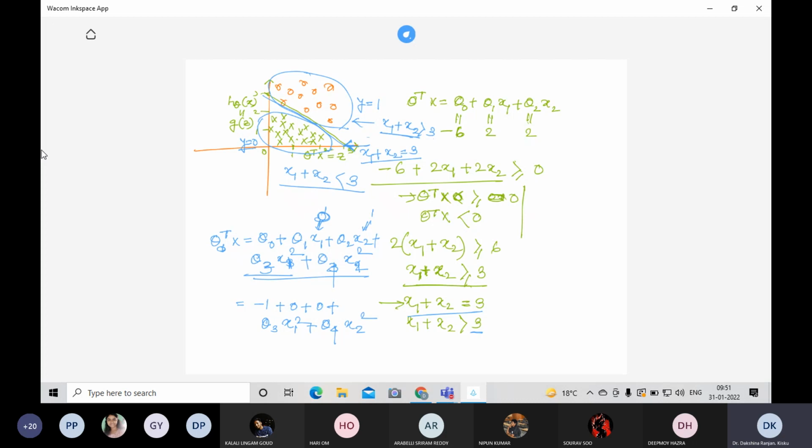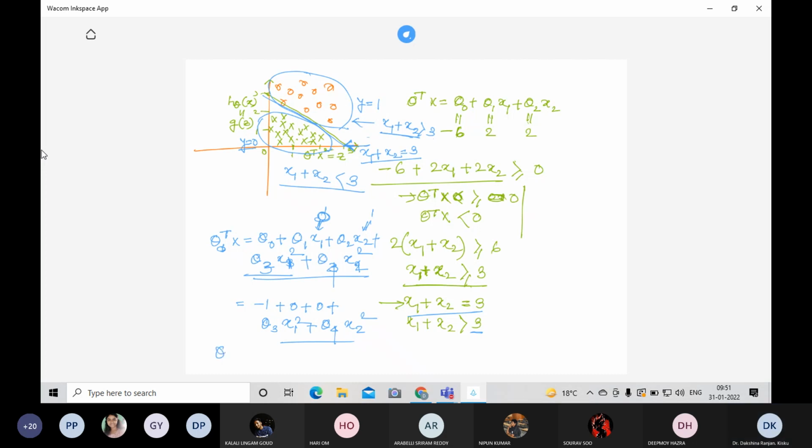So initially we just assume the model parameter values from theta 0 to theta 4, and we have to predict the decision boundary from this hypothesis representation.